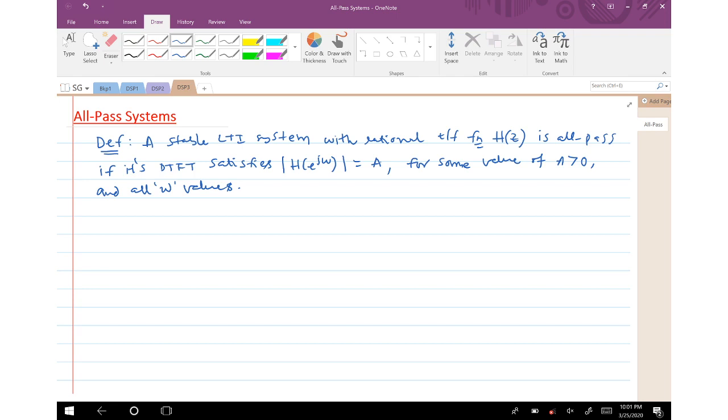Why do we use these AllPass systems? There are particularly two key applications of this. We have already seen and discussed in the earlier lectures that you could expect some effect, like the phase getting affected. So this can be used as a phase compensator while doing the filter design.